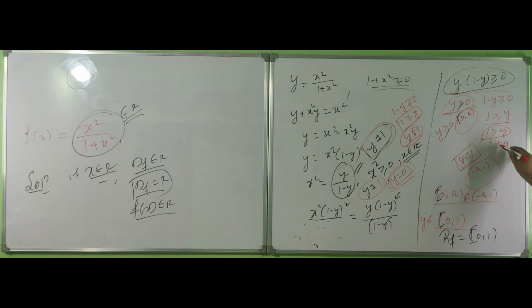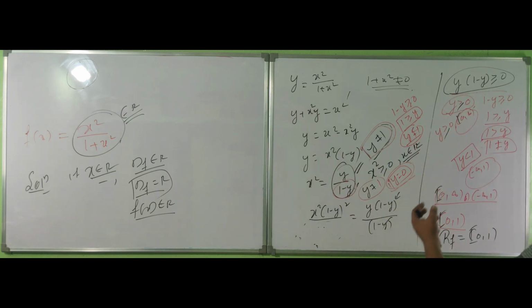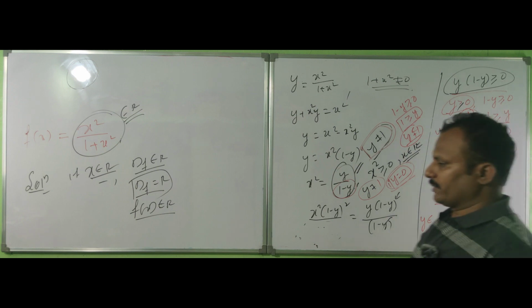One condition is y is not equal to 0, because if y becomes 1, it becomes infinite, not defined. Therefore y is greater than or equal to 0 or 1 is greater than y, means y is less than 1. This is the range, half closed, left closed and right open.